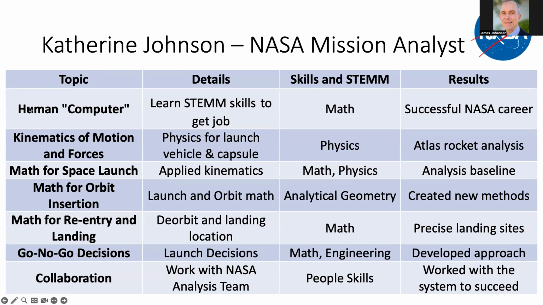And so she was very adept in math. And so she had to be aware of both math and physics. And so the kinematics of motion and forces, that would be something that she'd have to be thinking about. She'd have to be thinking of math for the space launch, for the orbital insertion, and the re-entry and landing. All of these things were things that she did.